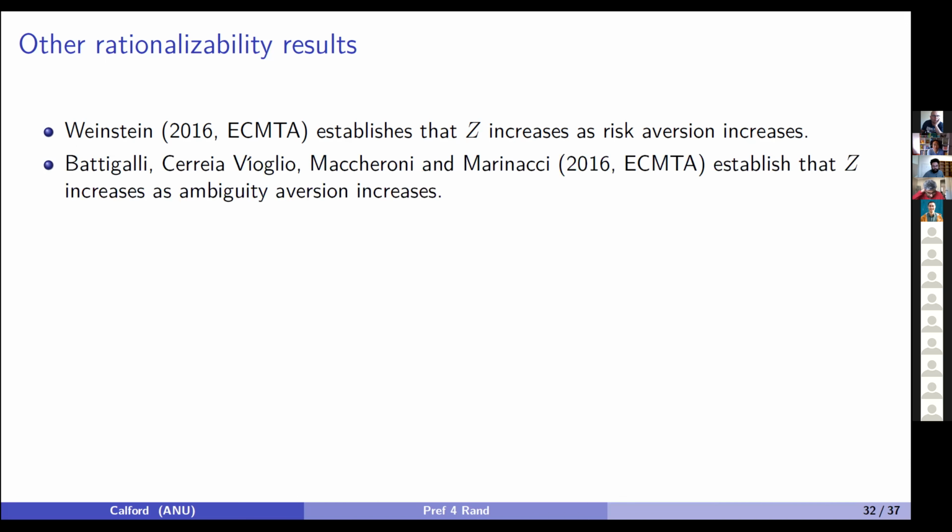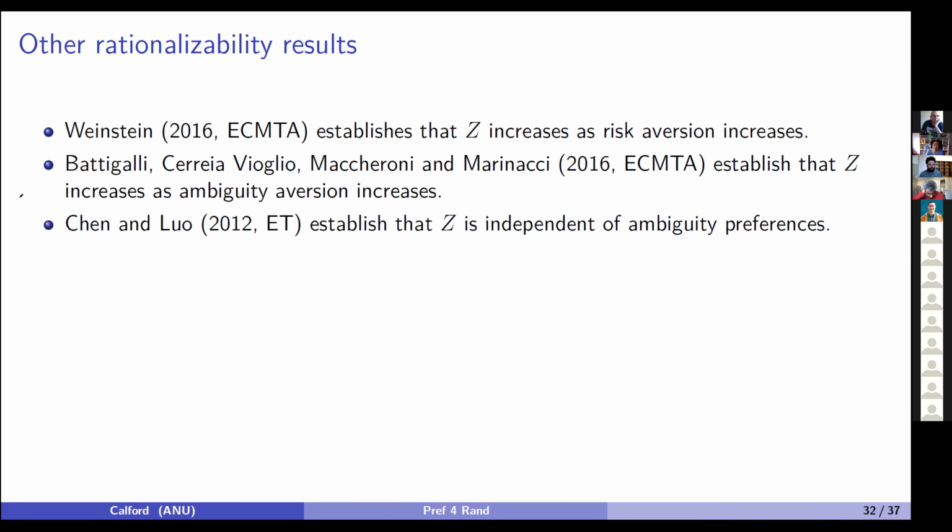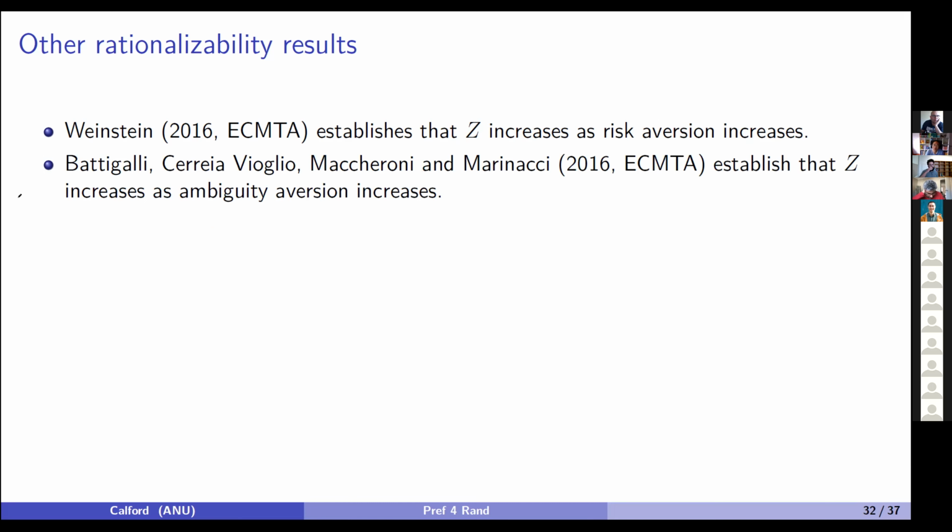These authors established that the set of rationalizable strategies increases as ambiguity aversion increases. So what I have here is a complementary result to these: I've shown that the set of rationalizable strategies increases as your preference for randomization decreases.